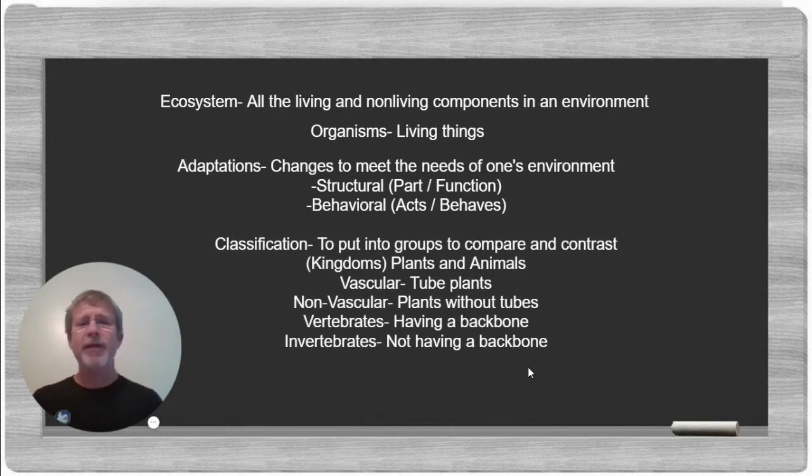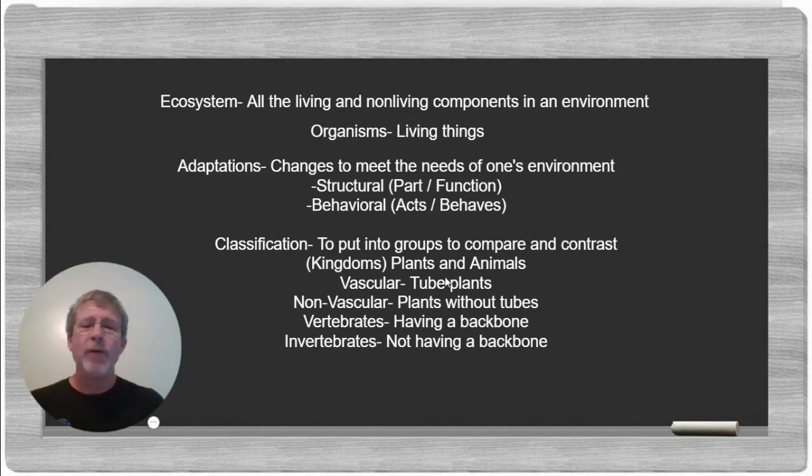Classification. This is what Mr. Pryor talked about last week. And classification is another one of those reading skills that's found its way into science. So, classification: to put into groups, to compare and contrast. As an example, Mr. Pryor talked about the kingdoms.